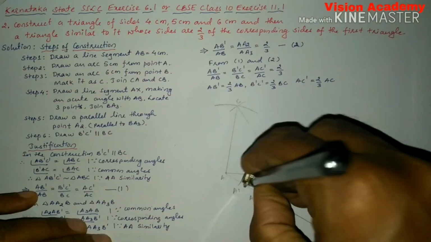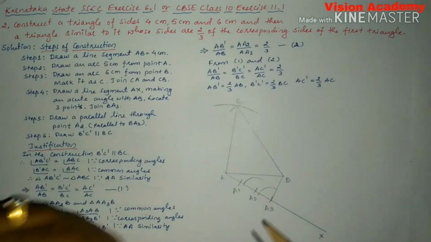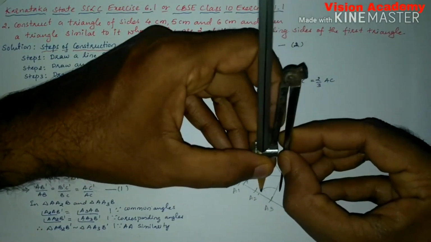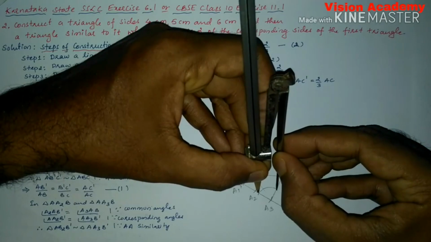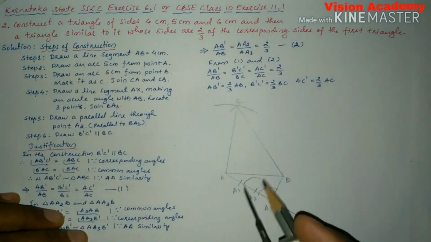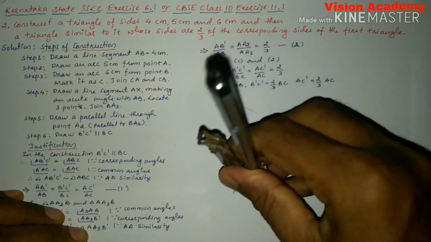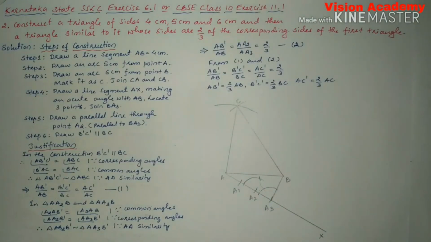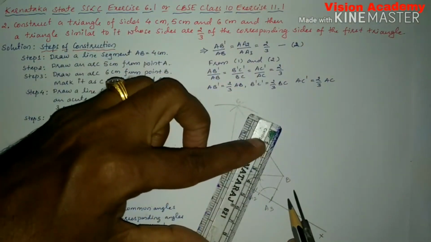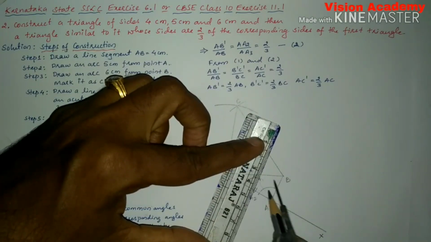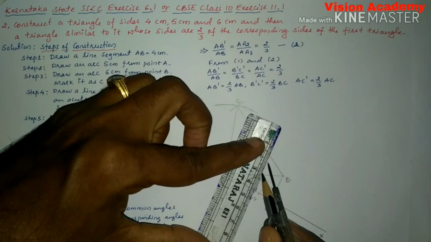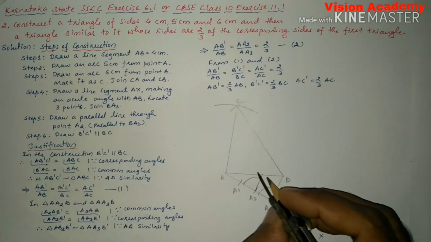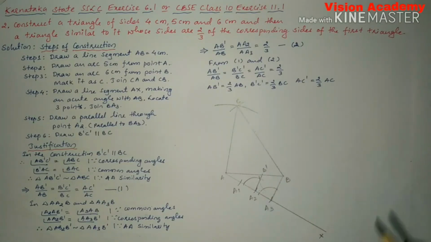Now take the size of this arc, keep it on this point and cut it. So here we got the intersected point, and through A2 draw a line which is parallel to BA3. Now let us name this as B dash.